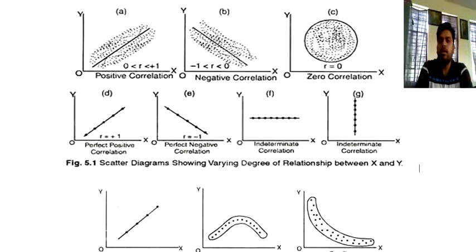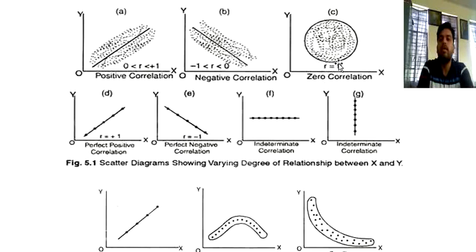So in zero correlation, what will happen here? There will be no fixed direction. This will be increasing, this will be decreasing. So there can be any relation. There is no fixed relation that one will increase and the other will decrease, or one will increase and the other will also increase. This will not happen in the zero correlation case.